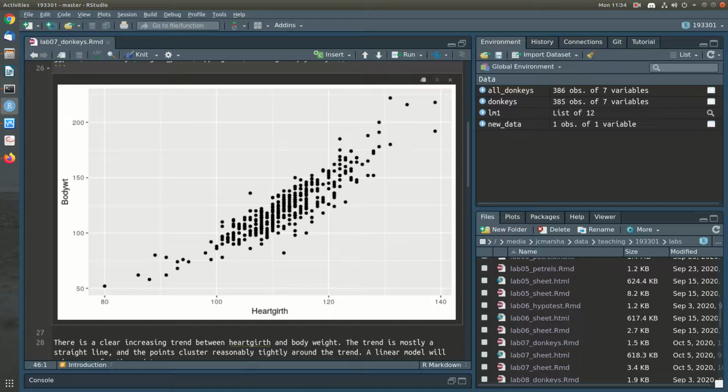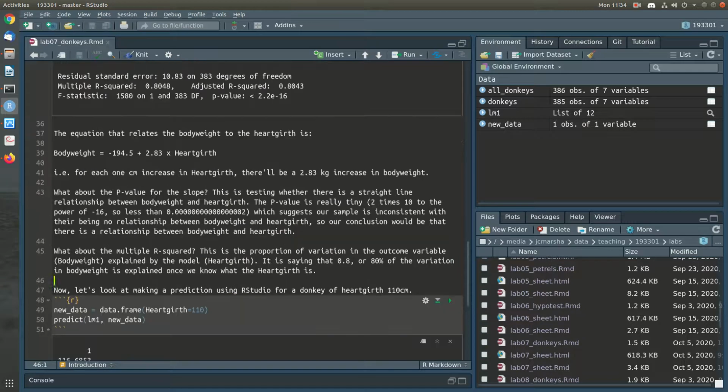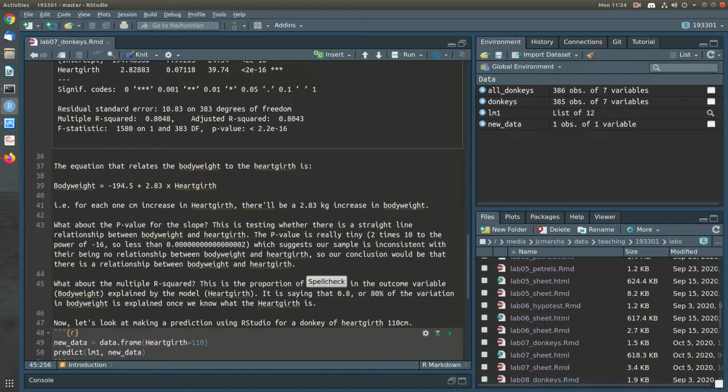Okay, so by knowing what the heart girth is, you explain away a bunch of the possible variation in body weight and are only left with a little bit left over. So that's what's happening here. We've explained 80% of the variation in body weight once we know what the heart girth is. So the larger the multiple R squared is, the more you explain in your model. Okay, so the highest it could possibly be is 1, where all of the points would lie along a straight line.